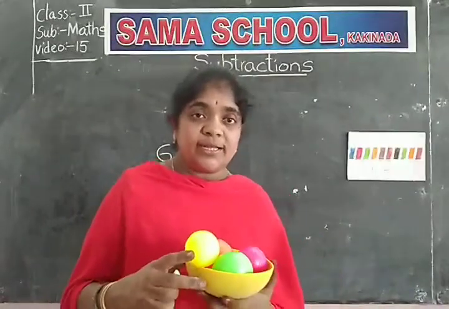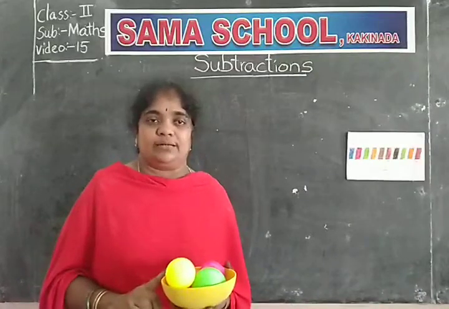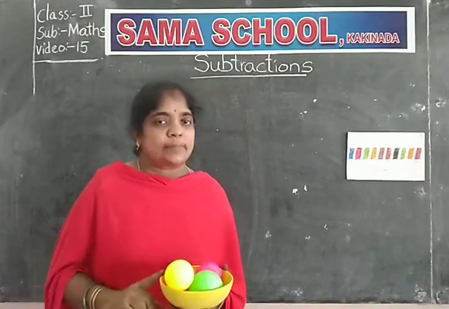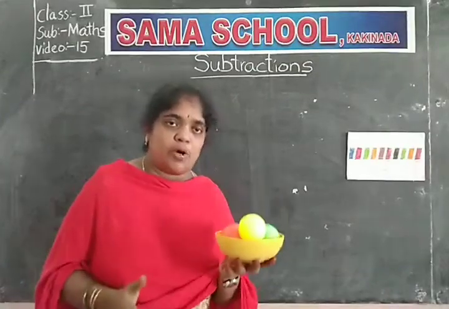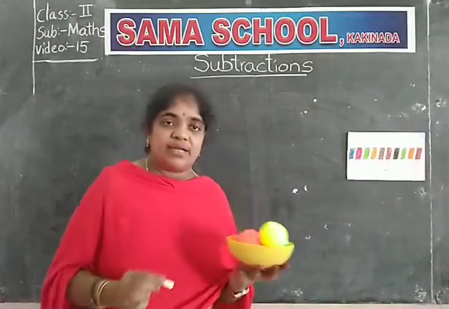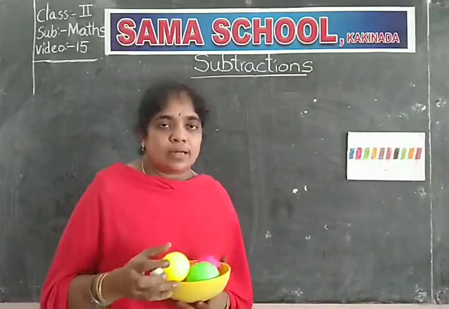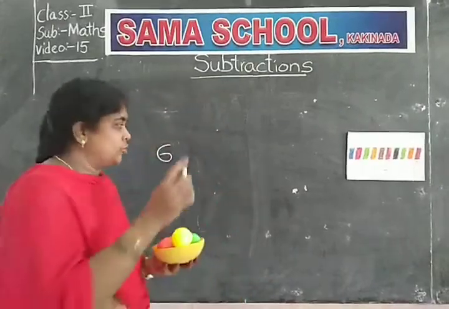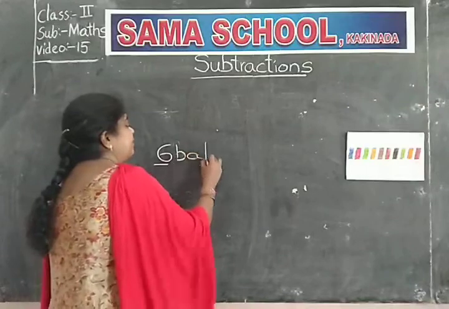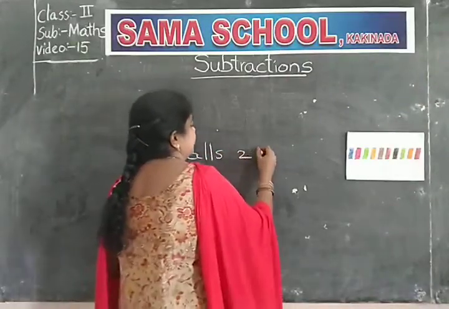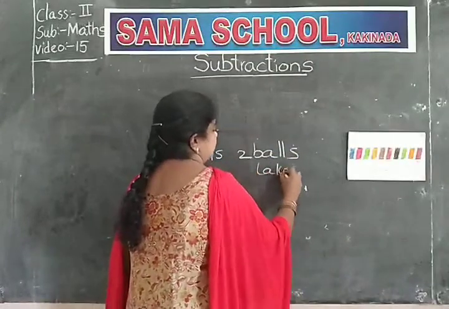Okay, what did I do here? I wanted to find the remaining balls in the basket. Using subtraction, I can find the left balls in the bowl. Totally there are 6 balls. 2 balls are taken away and I gave them to one boy.